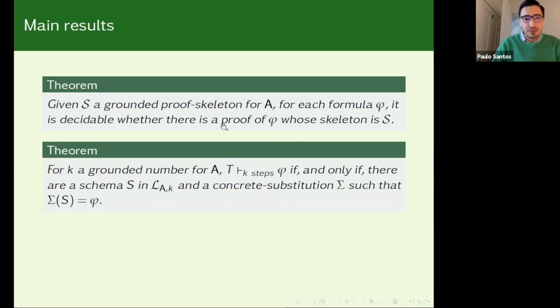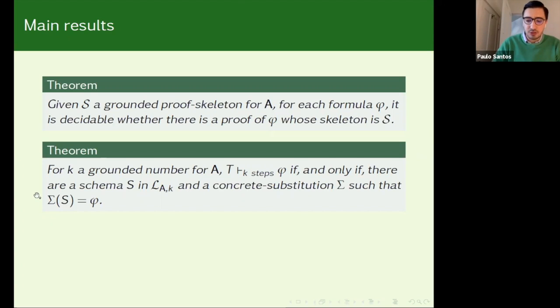Moreover, we have this fact: for k a grounded number for the given algorithm, to see if a formula is k-step provable in T, it suffices to see if there is a schema in the list constructed by the algorithm and a concrete substitution such that the image of the schema is the formula.